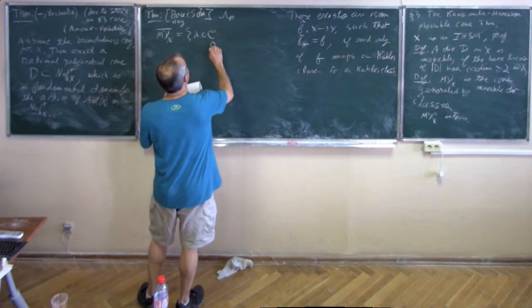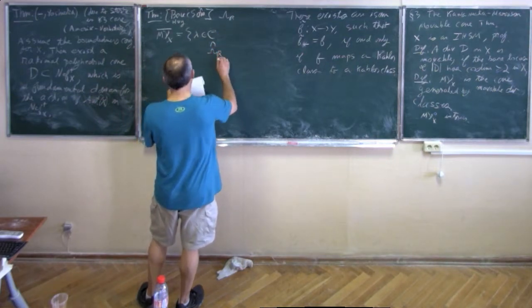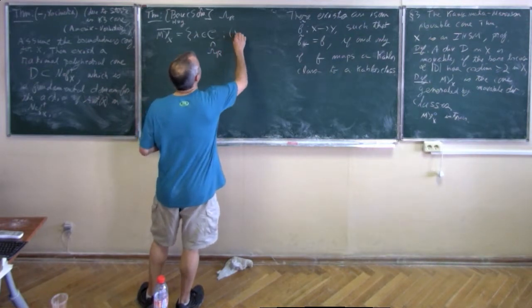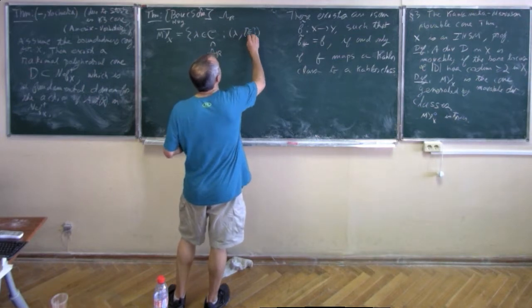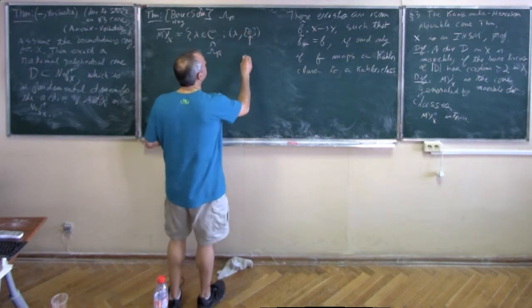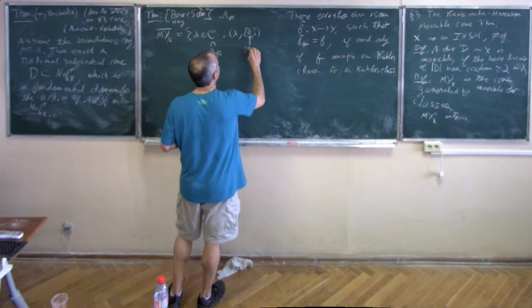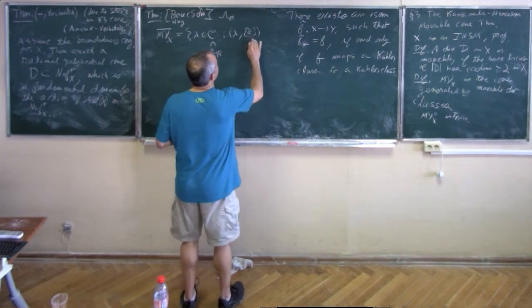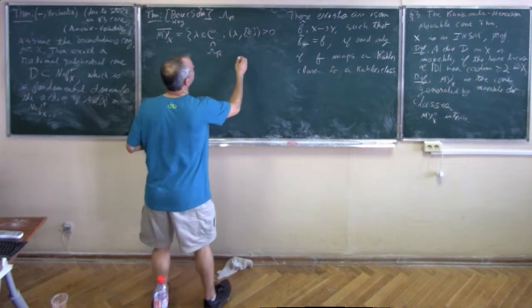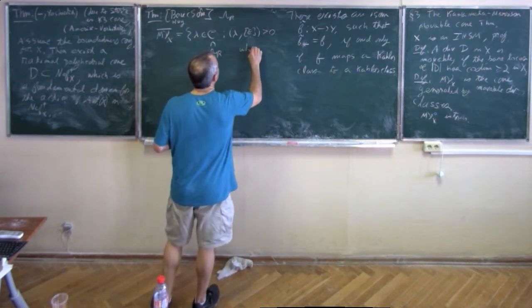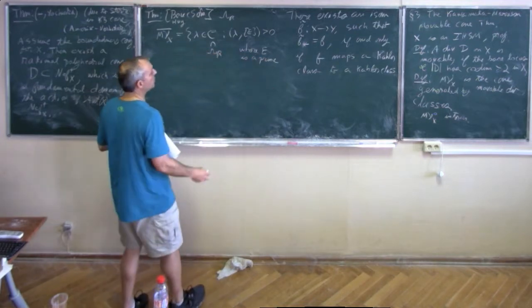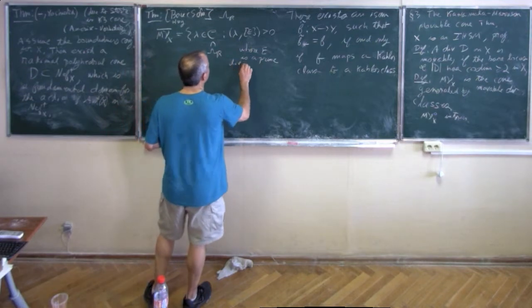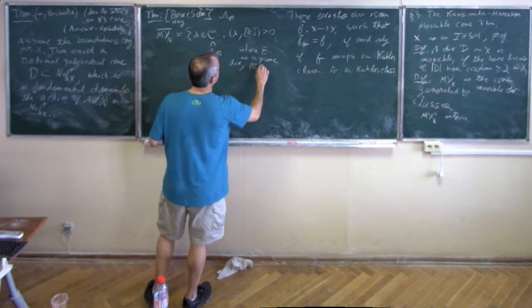So this is a lambda R such that lambda paired with the class of E is nonnegative, where E is a prime exceptional divisor. Prime means irreducible divisor, such that its self-intersection is negative.